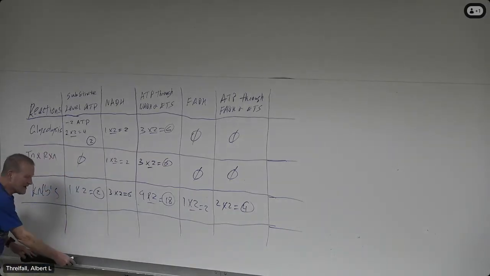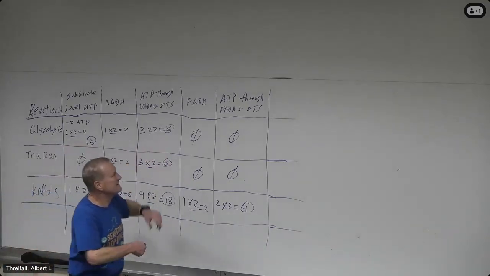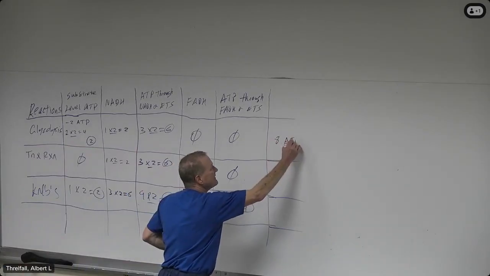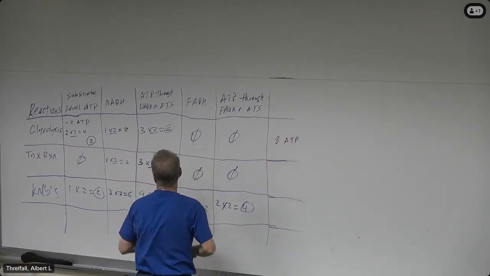Now, if we add up all the rows and then all the columns, we ought to get the same number, unless something's screwy. So in this row, we have 2 and 6, that's 8, and that's ATP. We're not adding the NADHs.